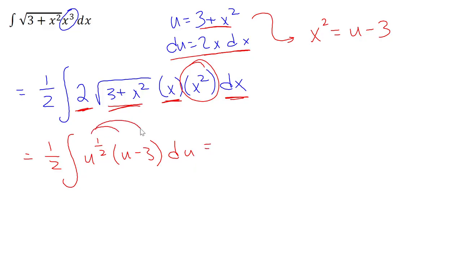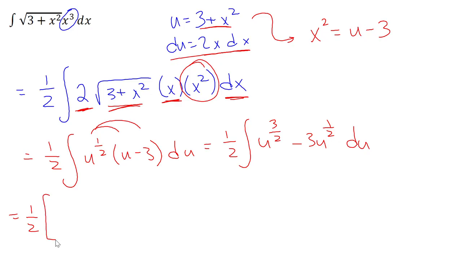Now we just have to distribute this through. We have 1/2 of the integral of u to the 3/2 minus 3u to the 1/2 du. And now we can integrate. We have 1/2. The integral of u to the 3/2 should be 2/5 u to the 5/2.